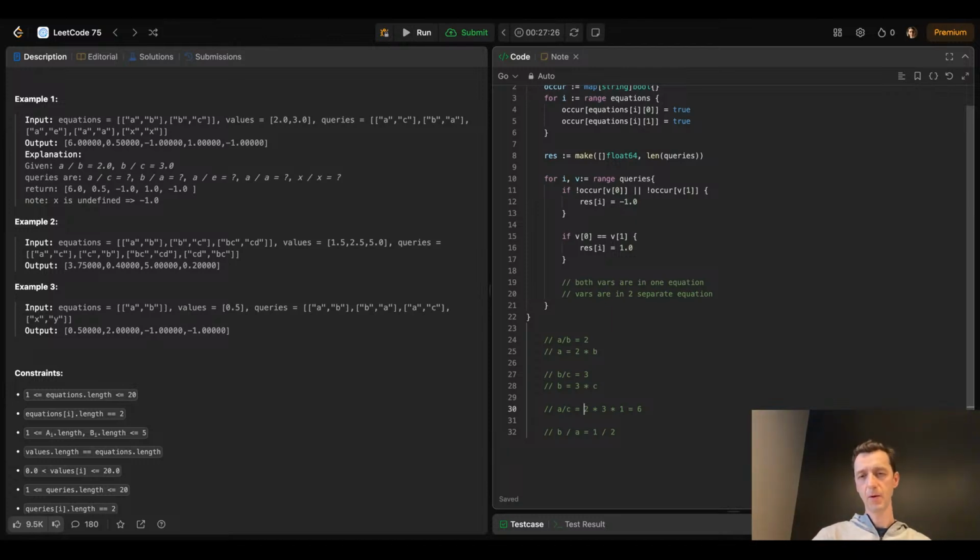We expressed A through 2 B's, and B is 3 C's. So eventually we expressed everything in C's, and the C's canceled.